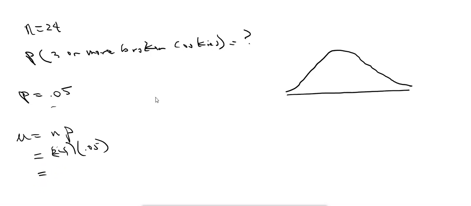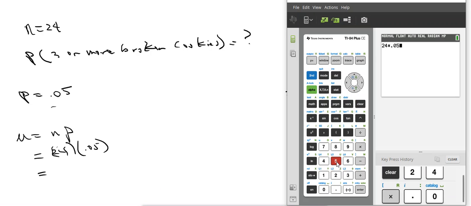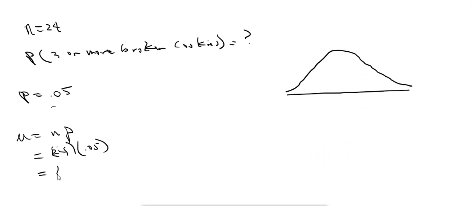You can take 24 times 0.05, and we get 1.2. So our mean is 1.2, which is in the middle.